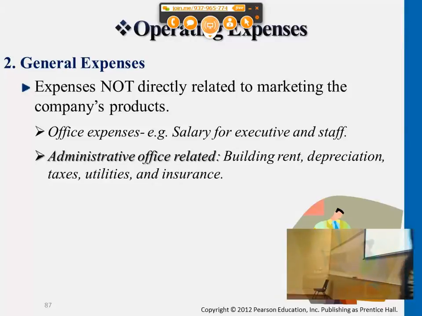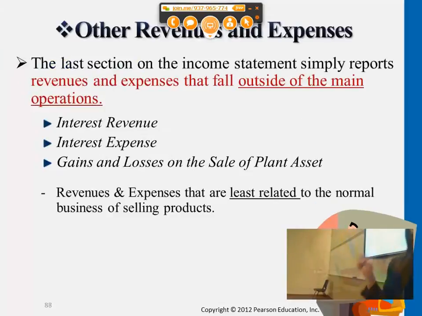After operating income, if the company also incurred other types of minor expenses that don't closely link to daily operation activities, for example, interest expense that you only pay from time to time, either on a monthly or quarterly basis, or interest revenue that you're getting from the people that you lent money to, or other gains and losses on trading long-term assets, which doesn't happen on a daily basis, these transactions, the dollar amount, will fall under the other revenue and expense category. This was the very last line before we get to net income.